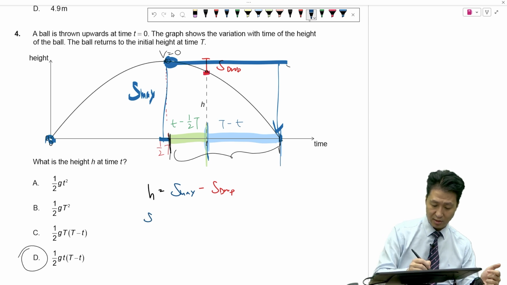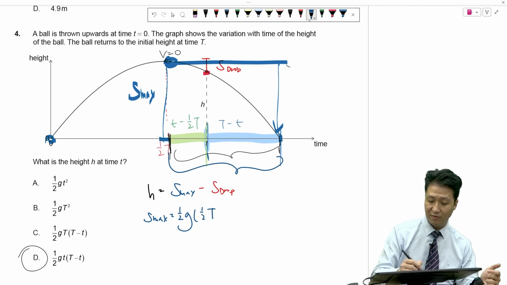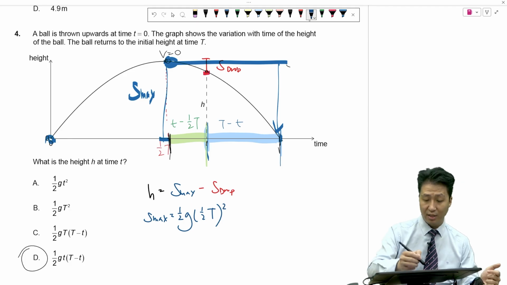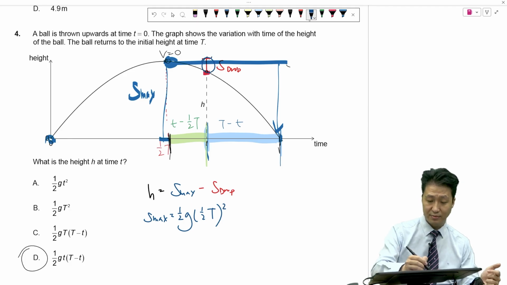So S max would just be gravitational acceleration times 1/2 times the time squared, and the time is going to be from here to here, 1/2 the total time, and you square it.